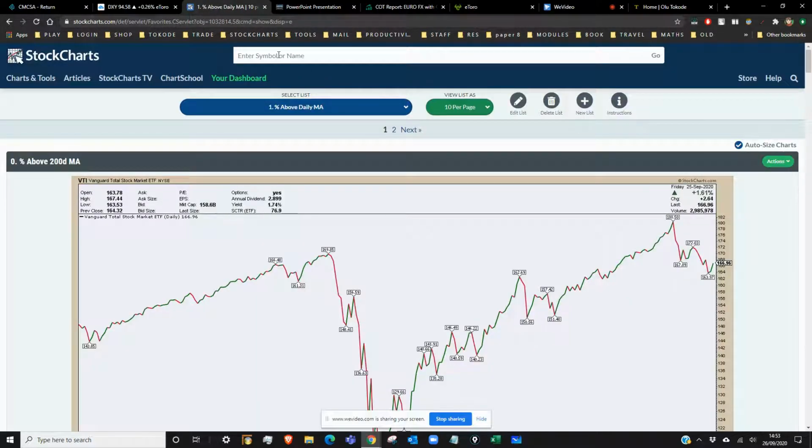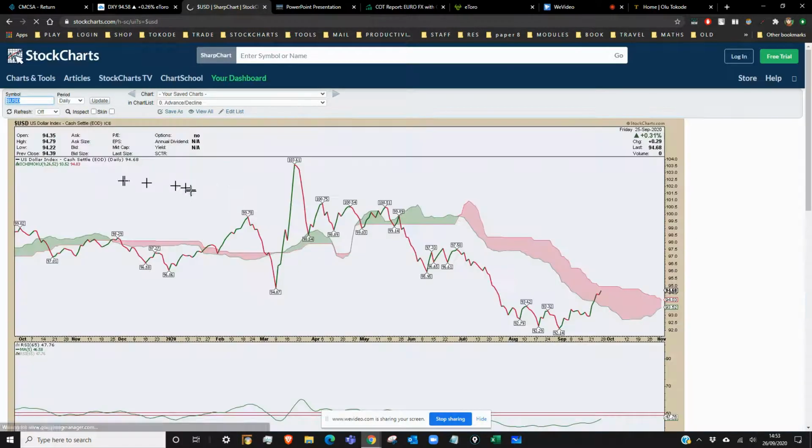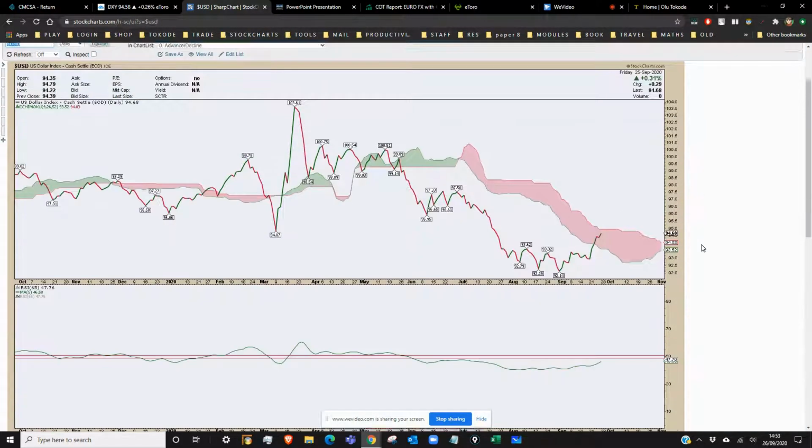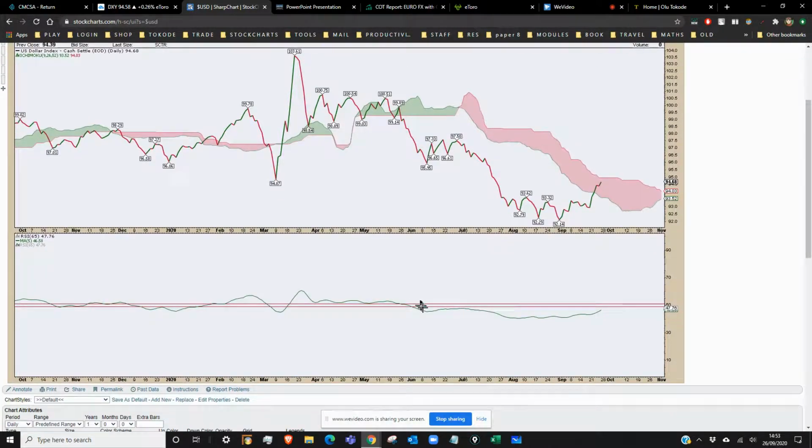I'll use my RSI trend following model for that. Pull up a chart of the USD. So this is the trend following model I'm going to be using. Once this 5-day moving average crosses above these two red double lines, that's the confirmation of the trend.